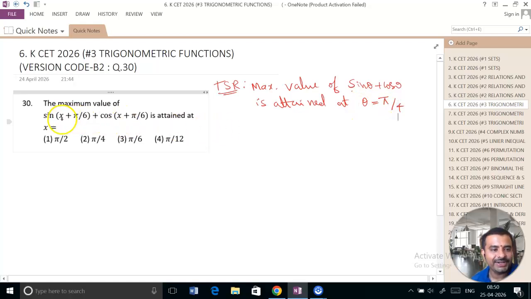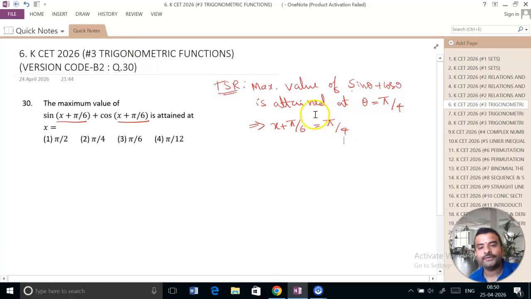Very simple. So in place of theta, what we have? x plus pi by 6. So according to the time saving result, I can write x plus pi by 6 as pi by 4, because theta is equal to pi by 4. Here theta is x plus pi by 6.